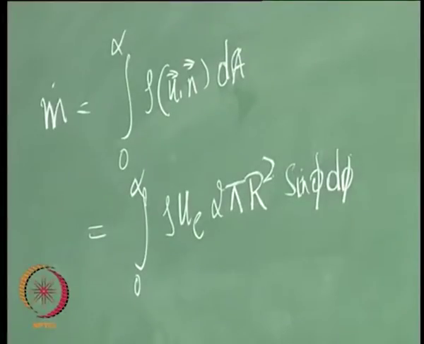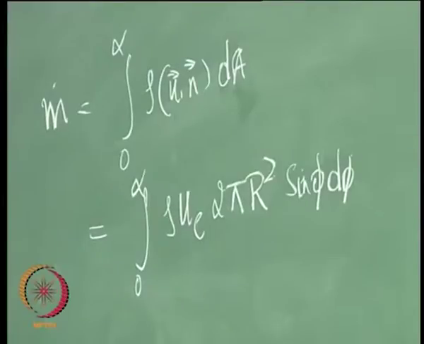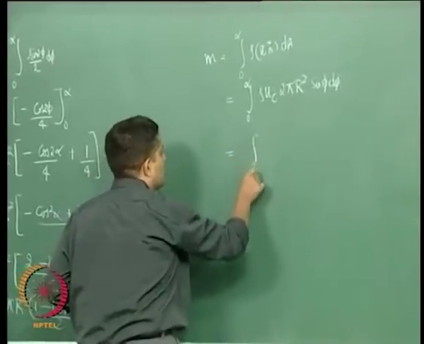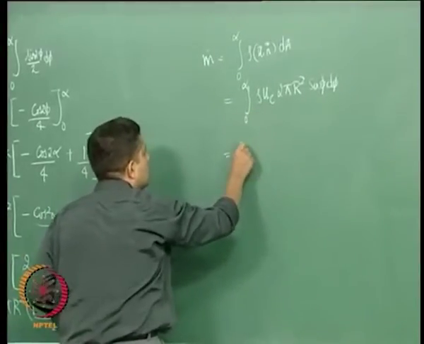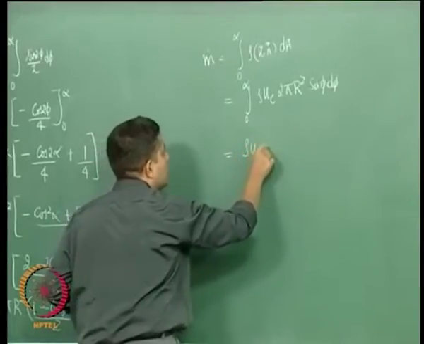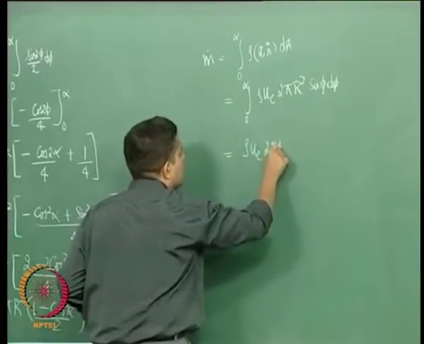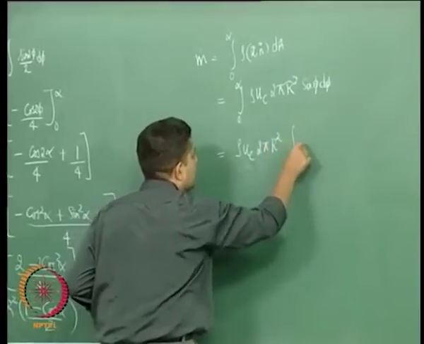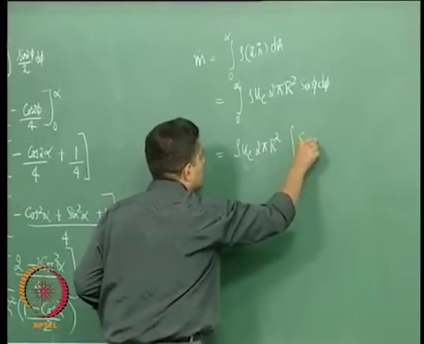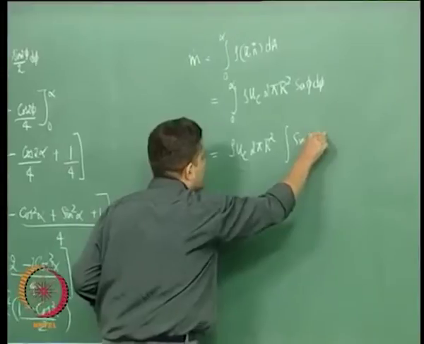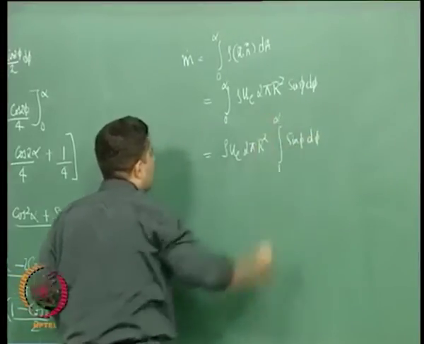So, we will get, if we integrate this, rho e 2 pi r square integral of sin phi d phi 0 to alpha.